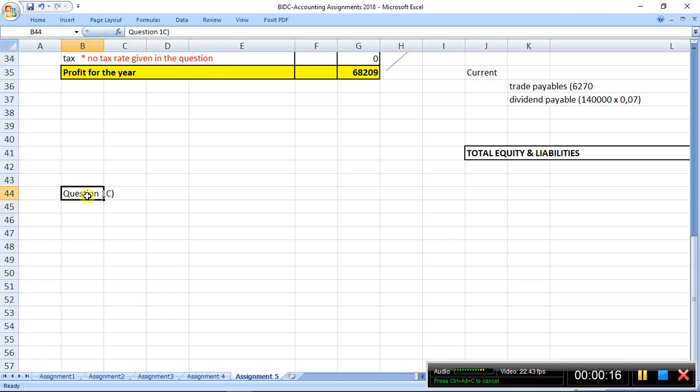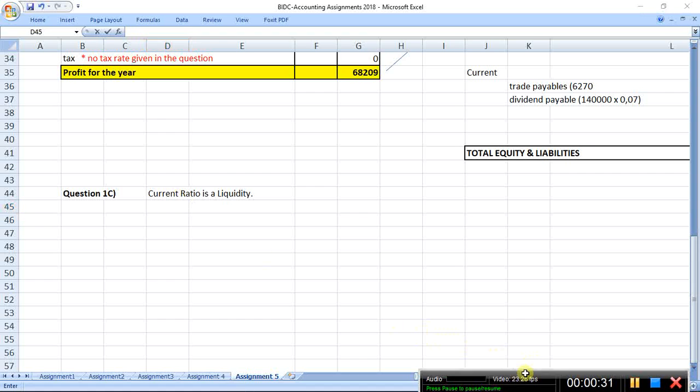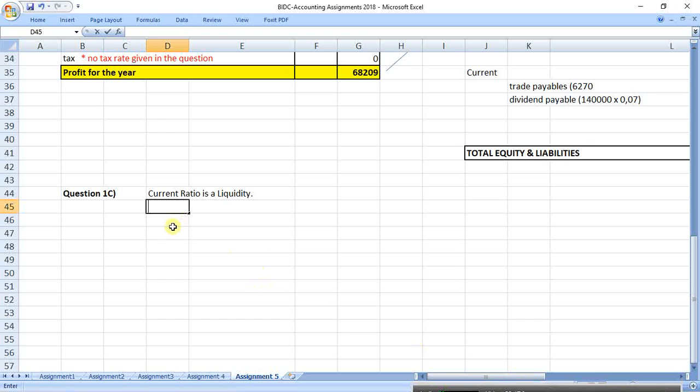Right, so yeah, first thing to obviously describe is its focus. So the current ratio is a liquidity ratio. It shows current assets divided by current liabilities. Do you agree? Okay.